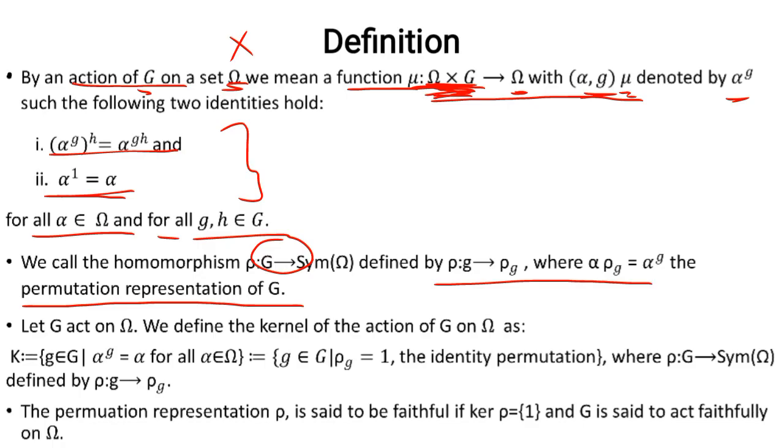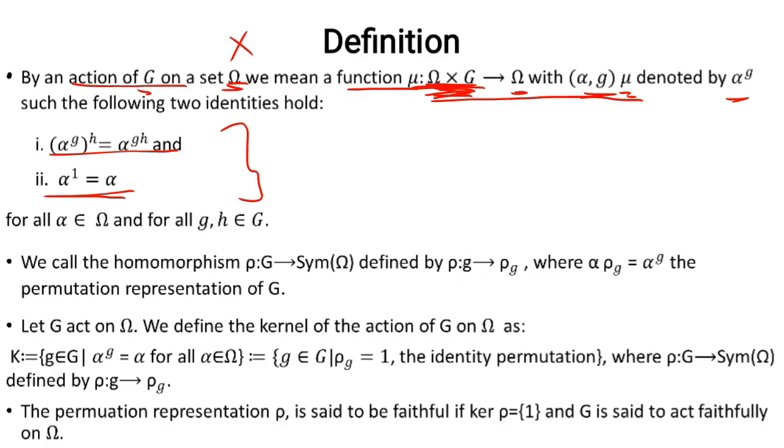That's how you represent the group G as a permutation.